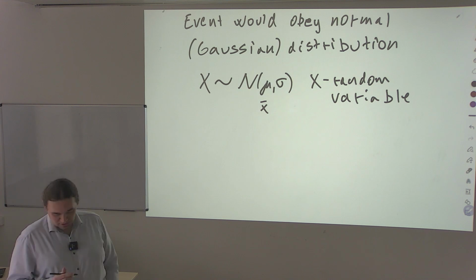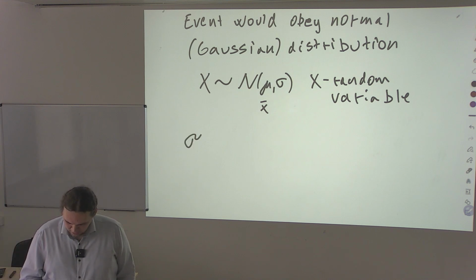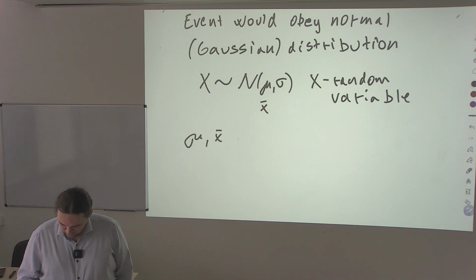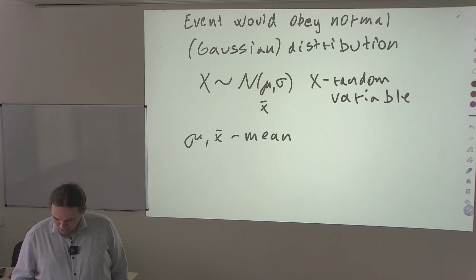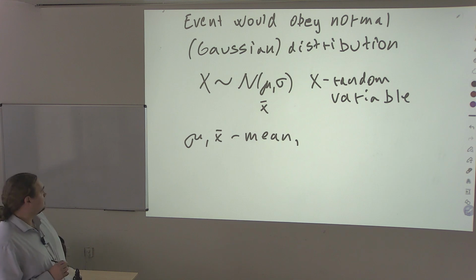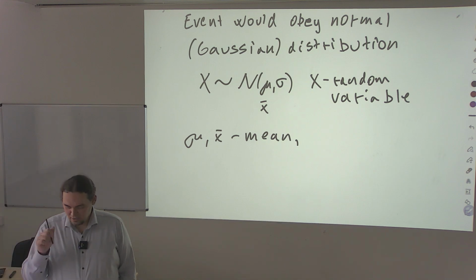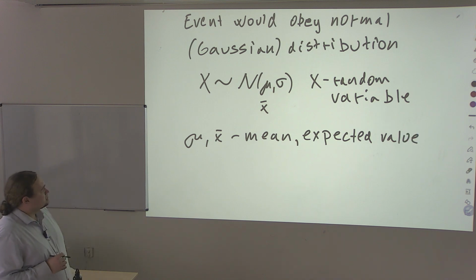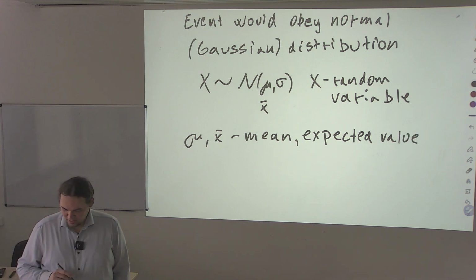So the two parameters are mu, which some people call x bar, the mean or mean value, and the English literature also calls it expected value, which is quite nice wording.